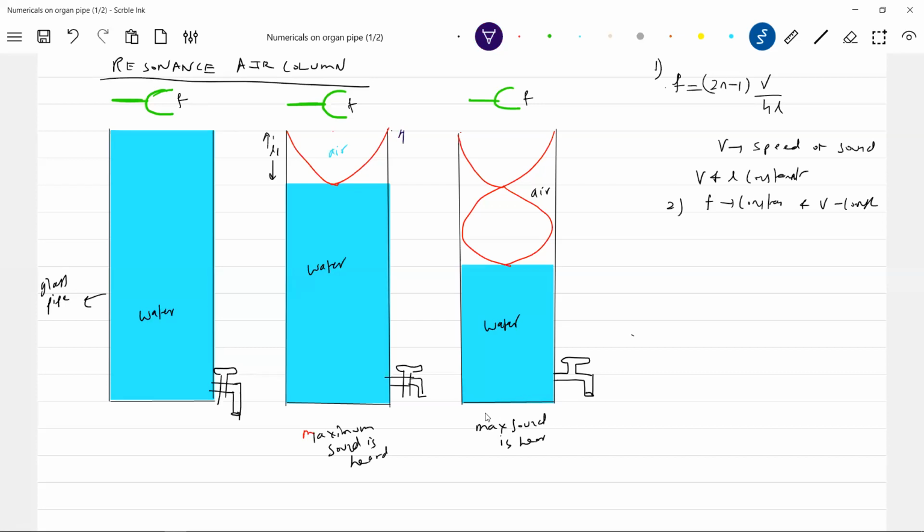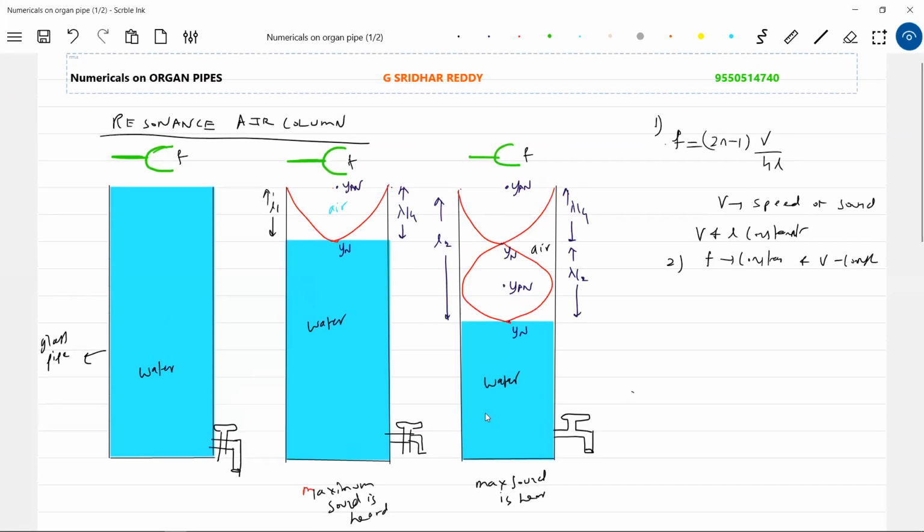We know this should be lambda by 4, the distance between a displacement antinode and a node. Antinode, node: the same, lambda by 4. And what about this? Lambda by 2. I'll measure this length with a scale, the corresponding length here. Now, what is the vibrating tuning fork? Strictly, it is not just the tuning fork.